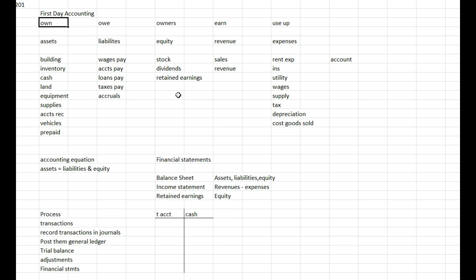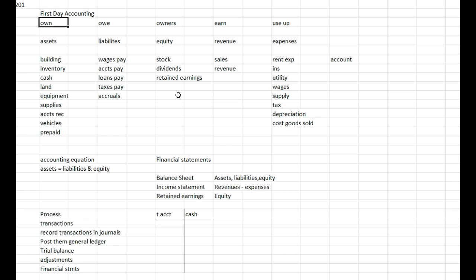All right. Revenue represents what a company earns. And we usually represent this in the accounts named sales or revenue or something earned, we might say. All right. Expenses represent all those things we use up. So we use up a lot of stuff.